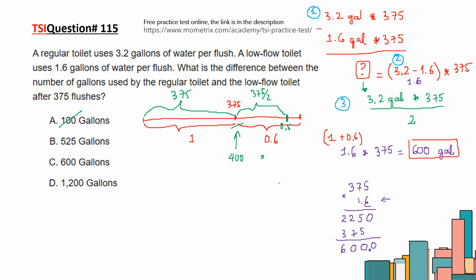Half of that is about 200. Even if you round up, it's still really big. It's like 600, so it could not be that much, 1,000 gallons is too big.